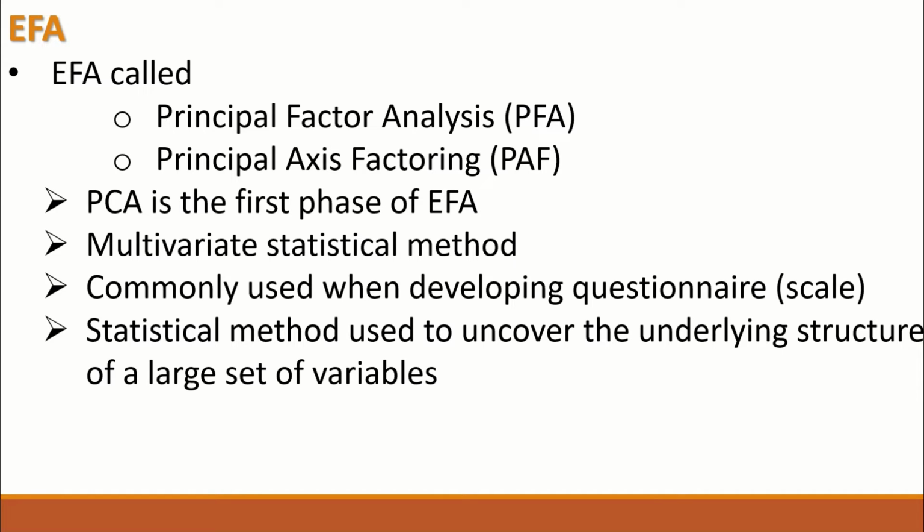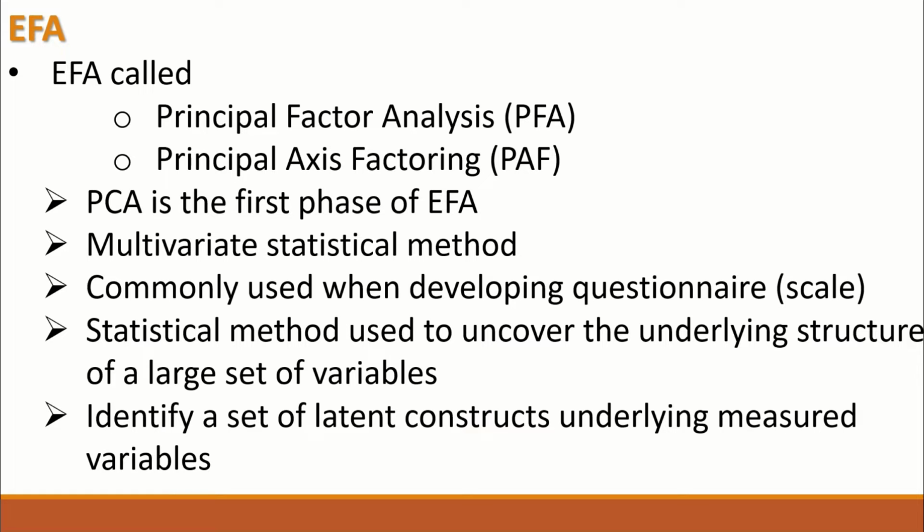EFA is a statistical method used to uncover the underlying structure of a large set of variables. When there is a large number of items or questions, EFA will try to discover the underlying structure for these items, whether they can be grouped and loaded into a specific construct or factor.